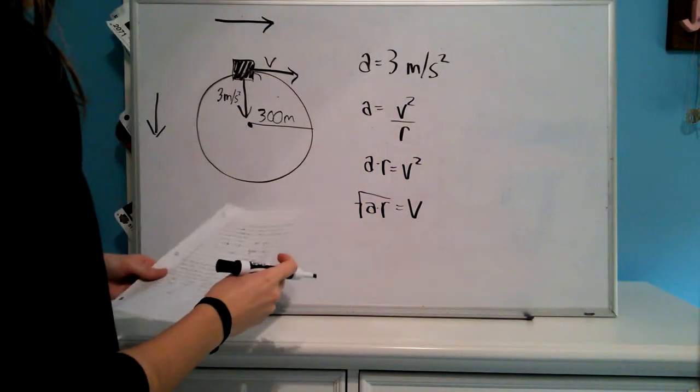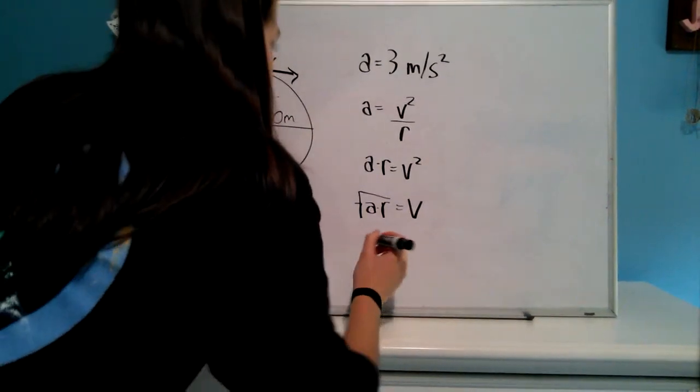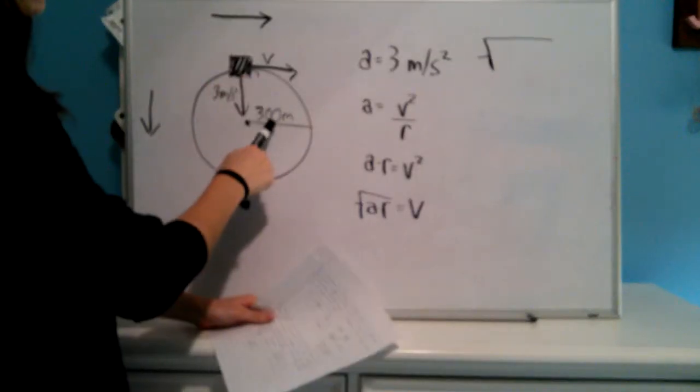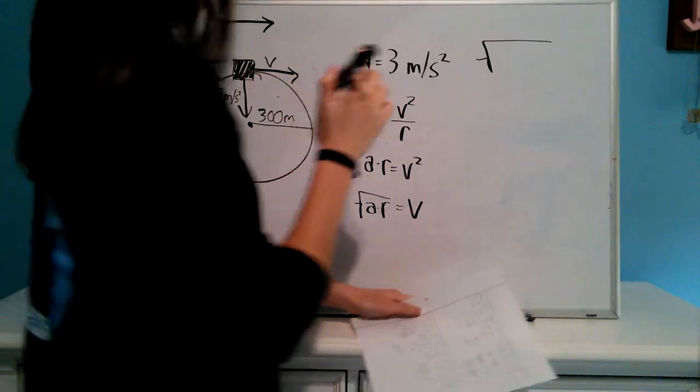So I'm just going to plug in my numbers here. The square root of, our acceleration is 3, and then our radius is 300 meters, and all my units are already correct. So 3 times 300 is equal to our velocity.